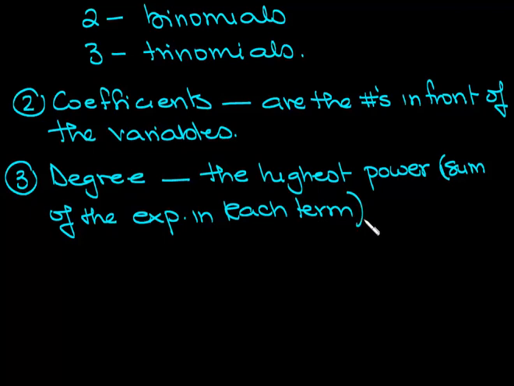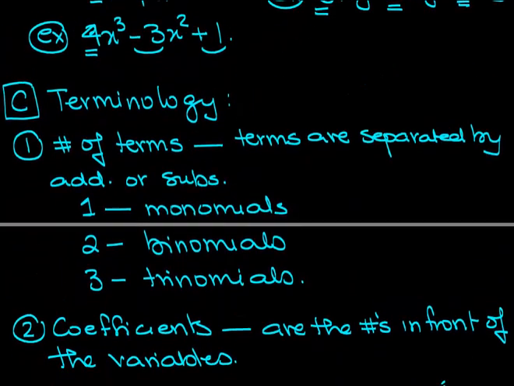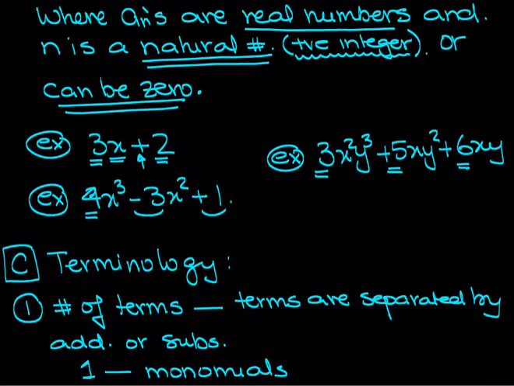So the degree is the highest power that's present in the polynomial, and if the polynomial is made up of more than one variable, then you look at the sum of the exponents in each term. Before I give you some examples, let's just talk about these ones.